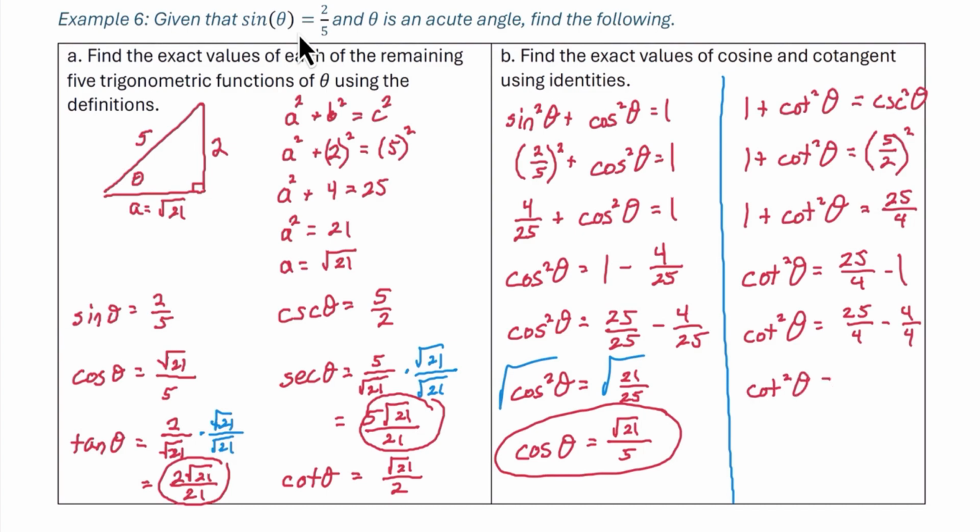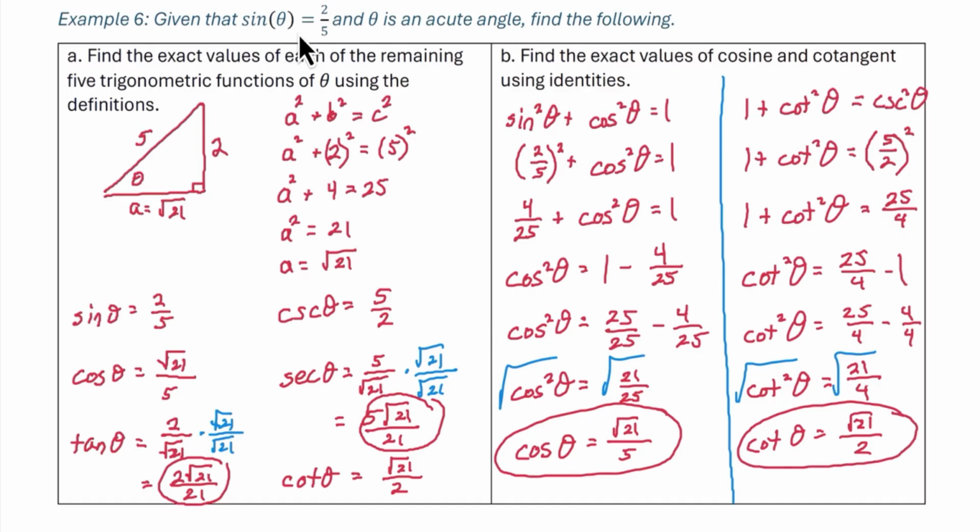Cotangent squared theta is now 21 divided by 4. We'll then take the square root of both sides. Cotangent theta is the square root of 21 divided by the square root of 4, which is 2.